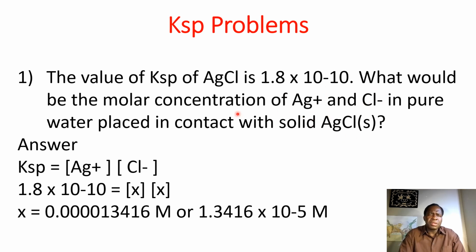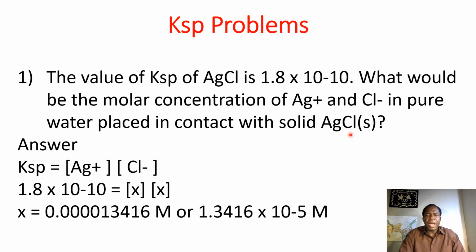So they actually give you the Ksp of AgCl. The value of Ksp of AgCl is 1.8 times 10 to the power minus 10. What will be the molar concentration of Ag+ and Cl- in pure water placed in contact with solid AgCl?